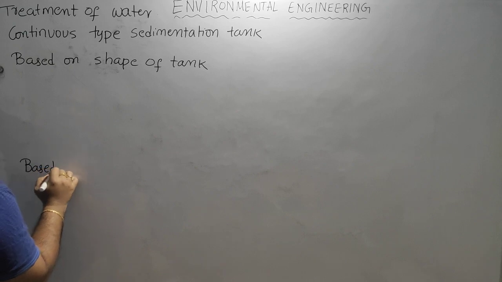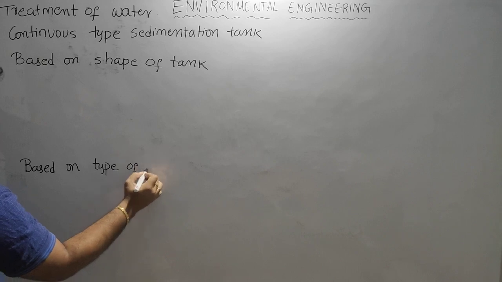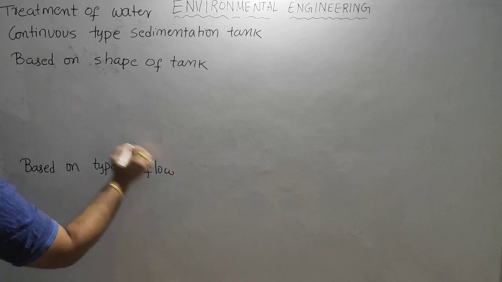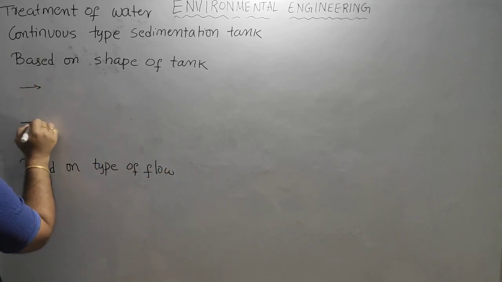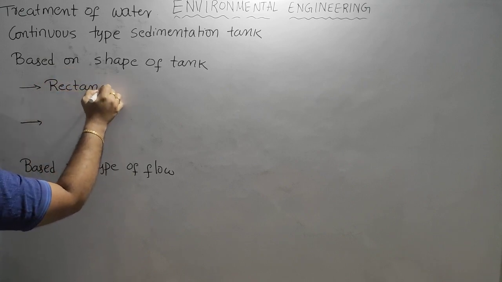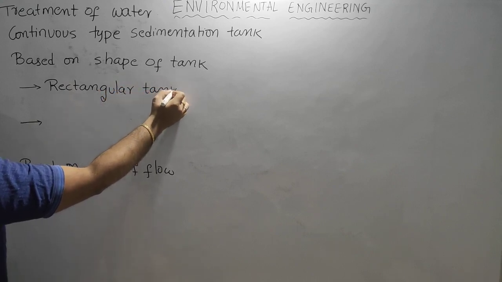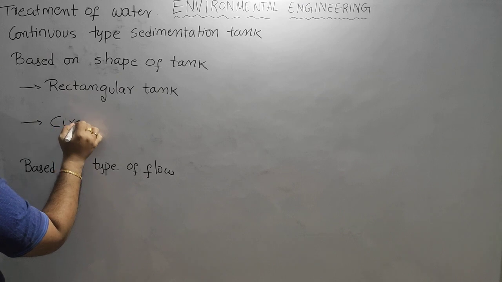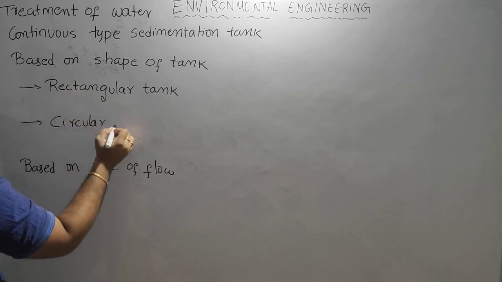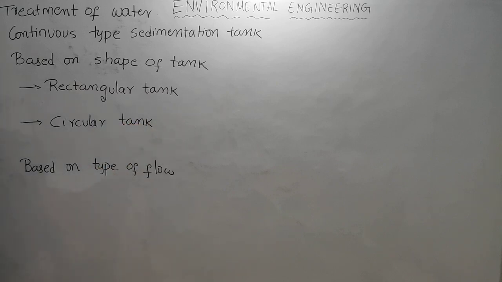Based on the shape of the tank, there is rectangular tank and circular tank. So for continuous flow type sedimentation tank, there are two types of tanks based on shape, that is rectangular and circular.